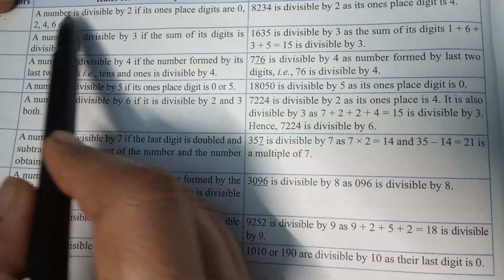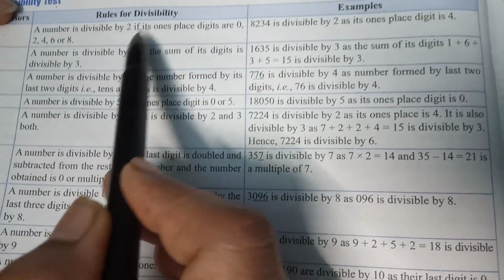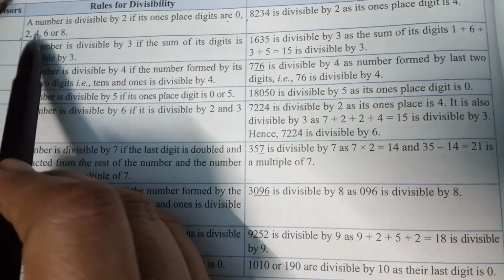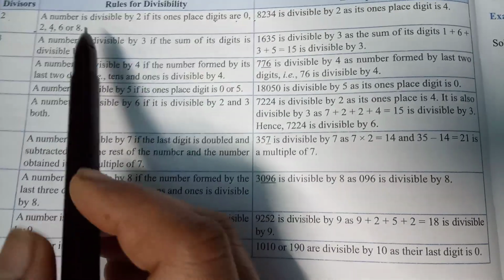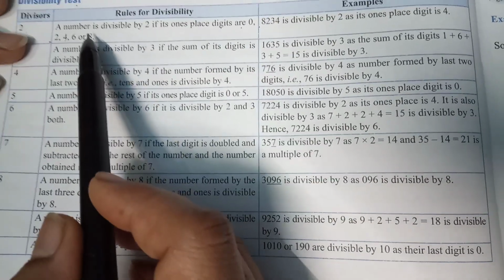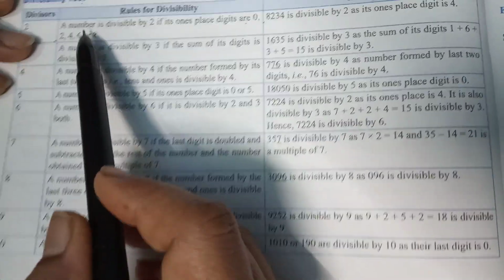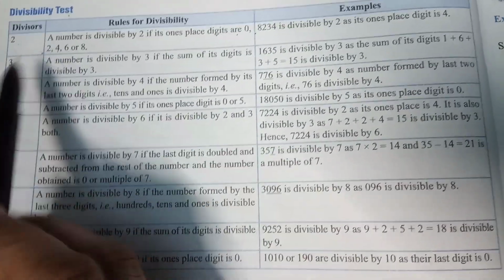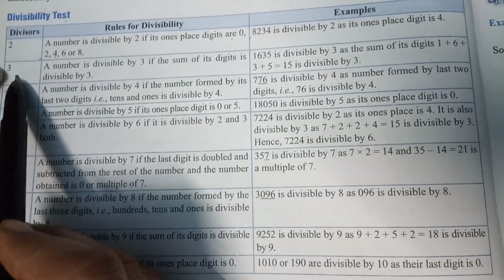A number is divisible by 2 if its ones place digit is 0, 2, 4, 6 or 8. It means if a number is an even number, then it is always divisible by 2.